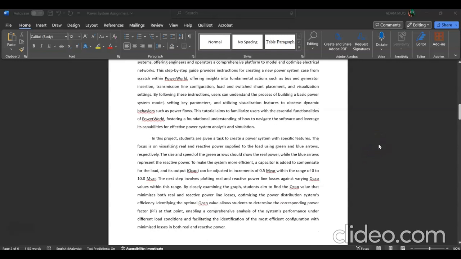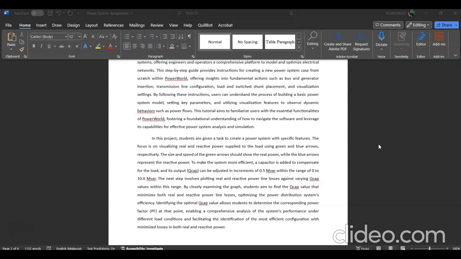In this project, students are given a task to create a power system with specific features. The focus is on visualizing real and reactive power supply to the load using green and blue arrows, respectively.